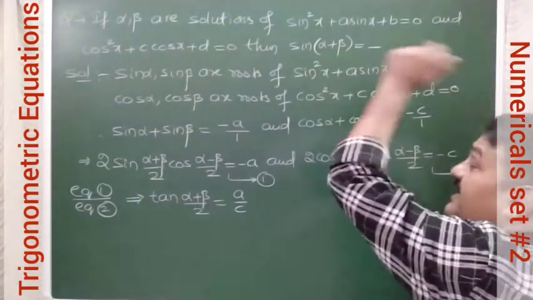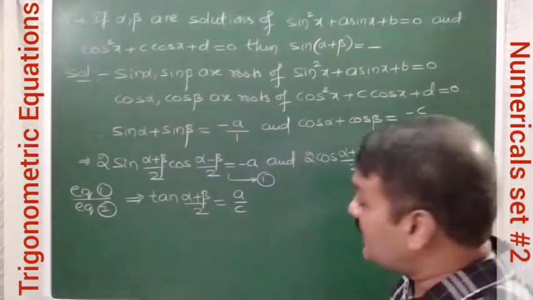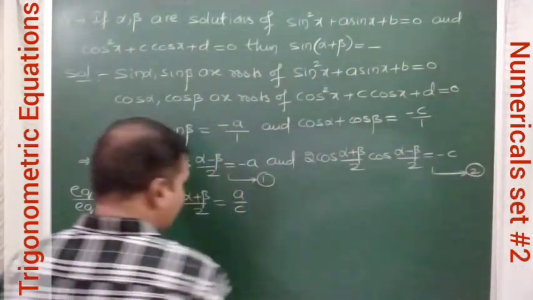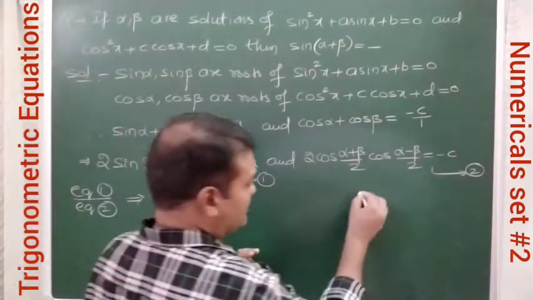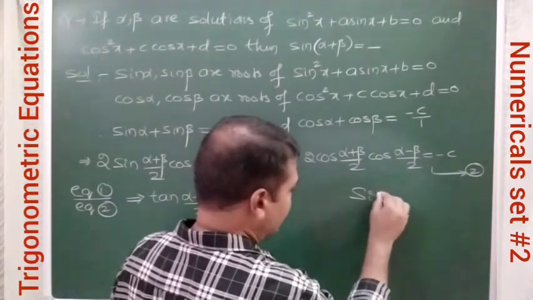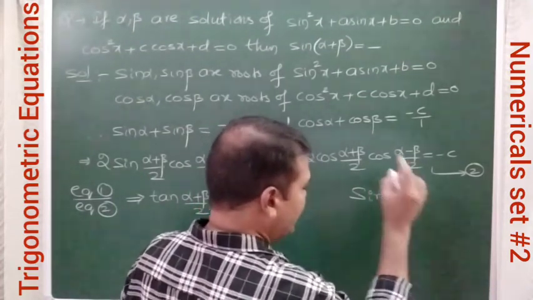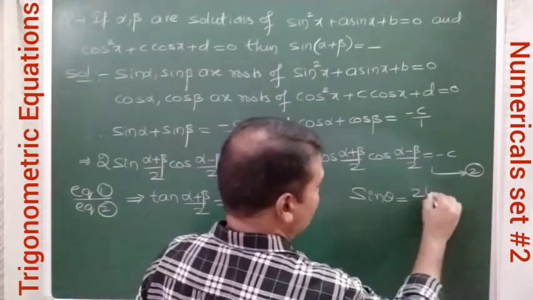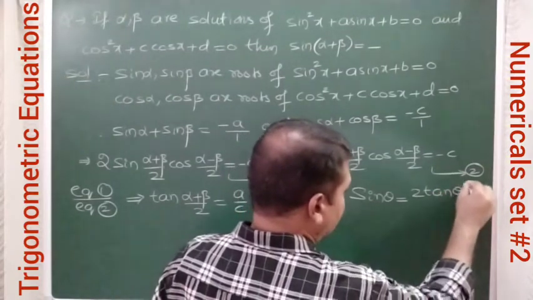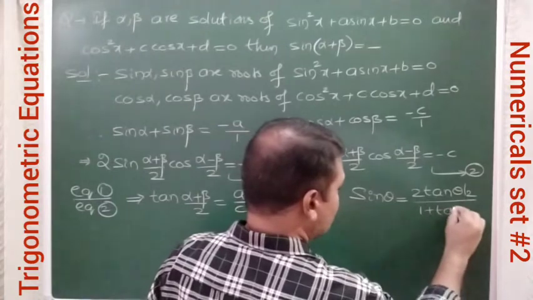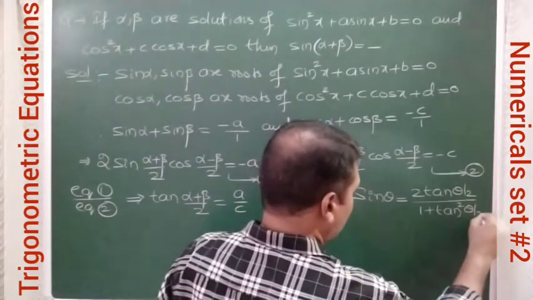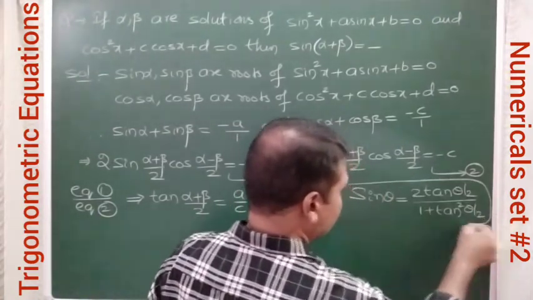So this is tan of (alpha plus beta) by 2. We require sin of (alpha plus beta). How to get sin of (alpha plus beta) now? What is the sin theta formula in terms of tan? It is 2 tan (theta by 2) by 1 plus tan squared (theta by 2). Can we use this formula? Yes.